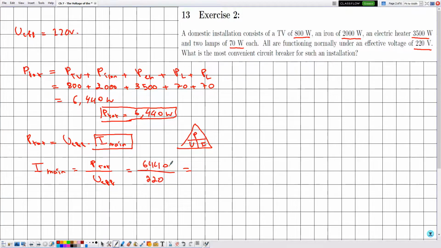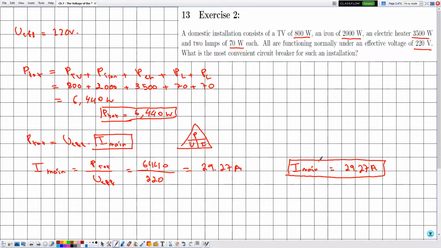Now this is divided by 220, so it is equal to 29.27, because all of these are expressed in the SI, P and U, so the value of I main will be in the SI, which is amperes. So in this case, the main current traversing the circuit is given by 29.27 amperes.